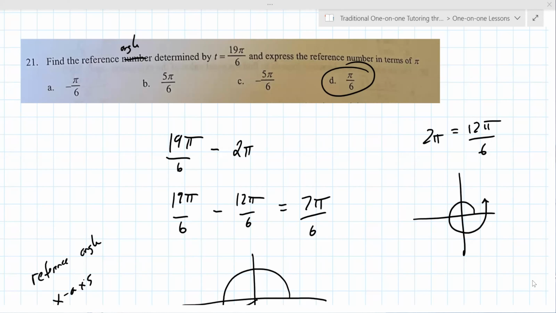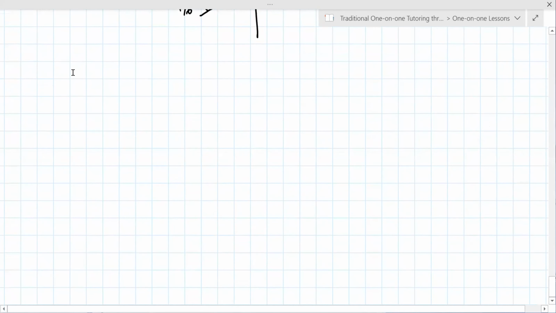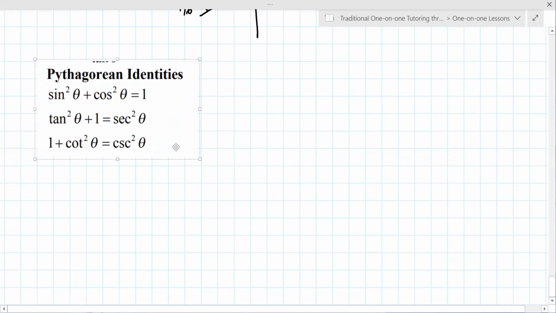If you don't know the Pythagorean identities, you have zero chance to do this. If you're going to take more math, you will need to know this stuff, but you can relearn it whenever you need it again. But for the exam, you definitely need it because 22 is asking you to look at a Pythagorean identity.